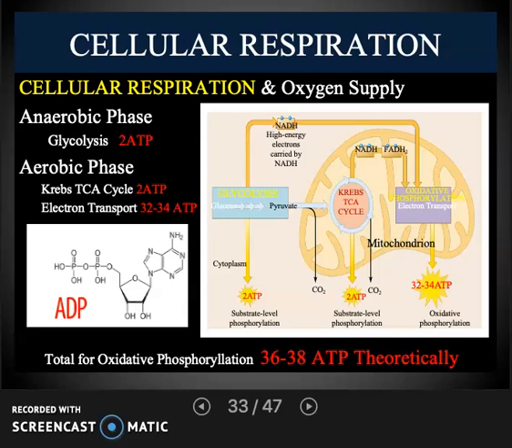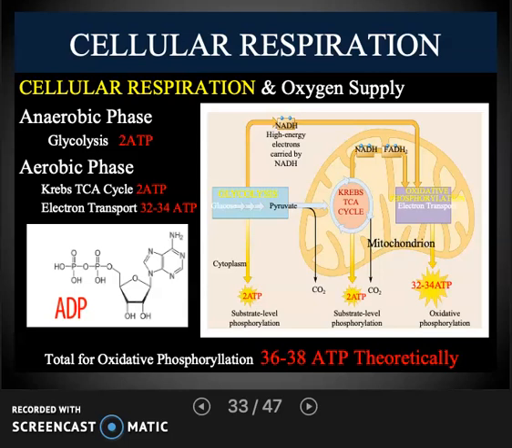Now in the Krebs cycle, I've used oxygen, and I produce CO2 here. So the Krebs cycle makes these electron carrier molecules like NADH and FADH2. It creates a hydrogen ion concentration gradient, and it also makes 2 more ATP.